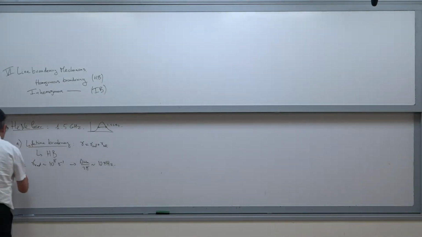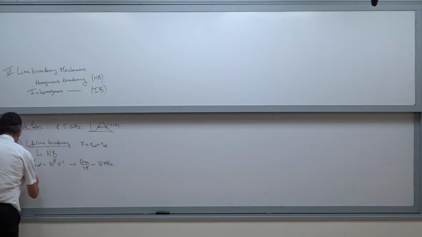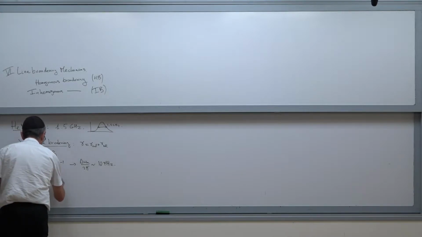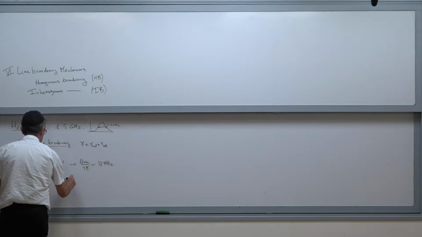The second mechanism, you know what it is, it's due to collision. Once you have collision, you are going to broaden the line shape. This is due to the T2 collision time, and we call that pressure broadening. Why?